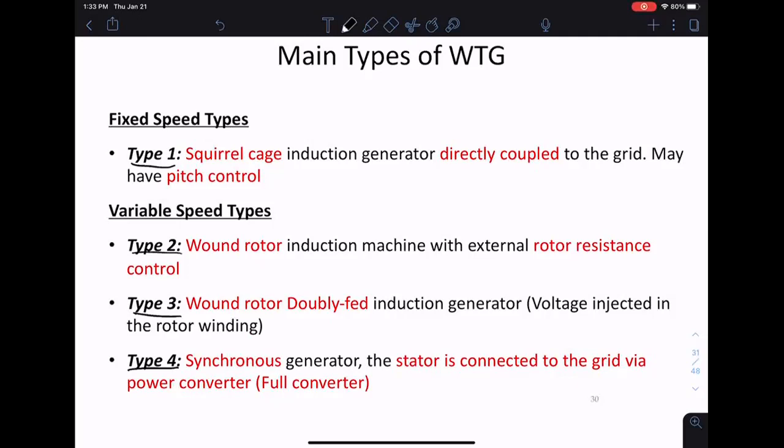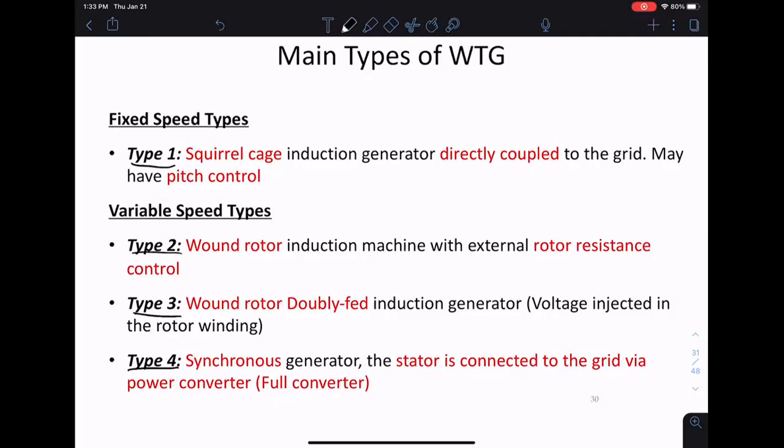Basically, type 1 is the earliest wind turbine we have. That's a fixed speed design. This is just an induction motor run backwards. You have an induction motor, attach blades to it, run it backwards, and connect to the grid. That's the turbine we have.